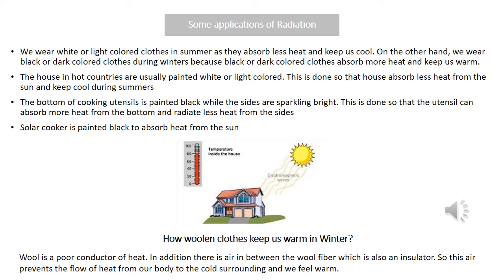In this gap air is there, and air is an insulator, as you know, and insulators do not allow heat to pass through them. So because between the wool fibers there is air, it will not allow body heat to go out, and that's how it keeps us warm during winter.